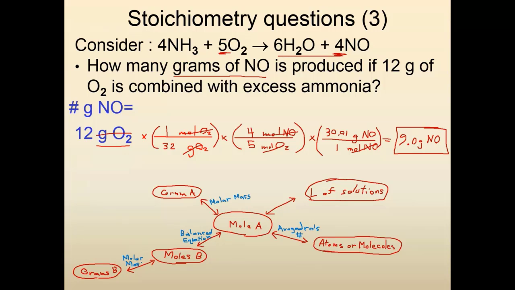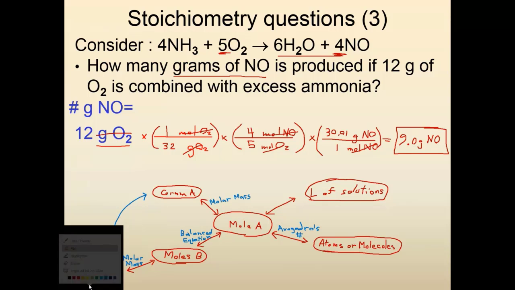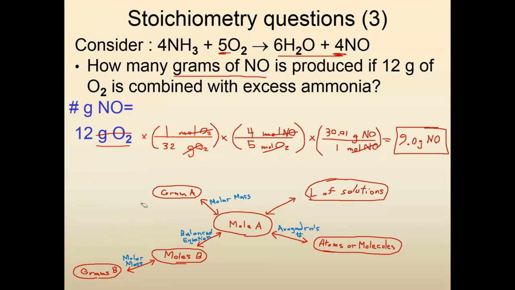Notice that there's no direct path between here and here. There's no way to get from grams of B to grams of A. I can't do that. That doesn't work. There's no path to follow. I can't go from grams of one thing to moles of something else directly.